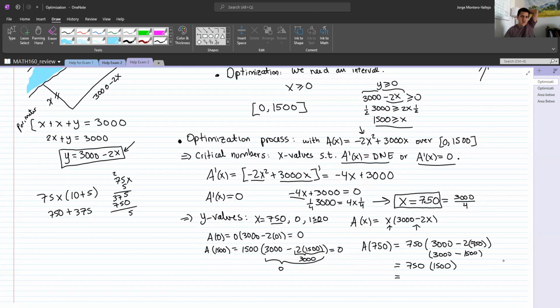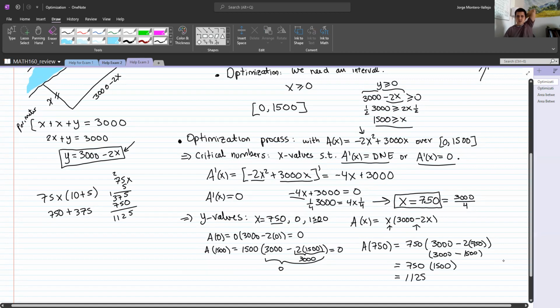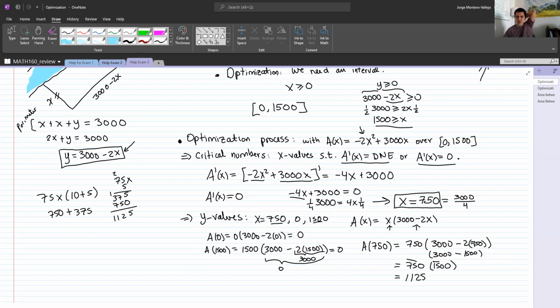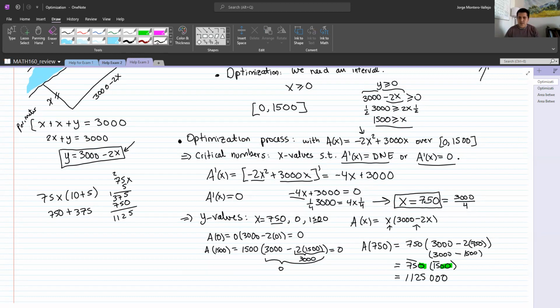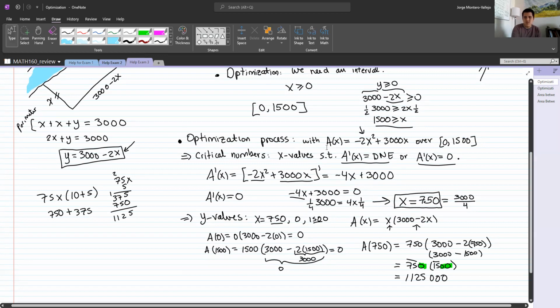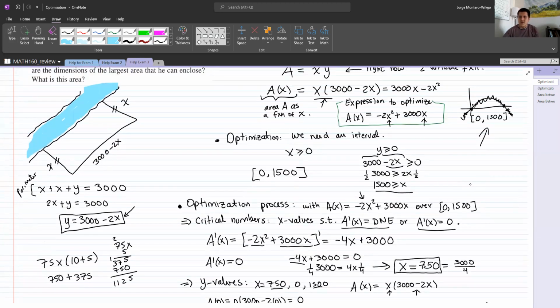You get 1125. So 1125, that's what we got by multiplying 75 and 15. But there are still the other 3 zeros, right? So then we need to include them now. 1, 2, 3. So you get 1,125,000 as our area, right? So that is going to be the area that goes in there. Like that is the maximum value up here.